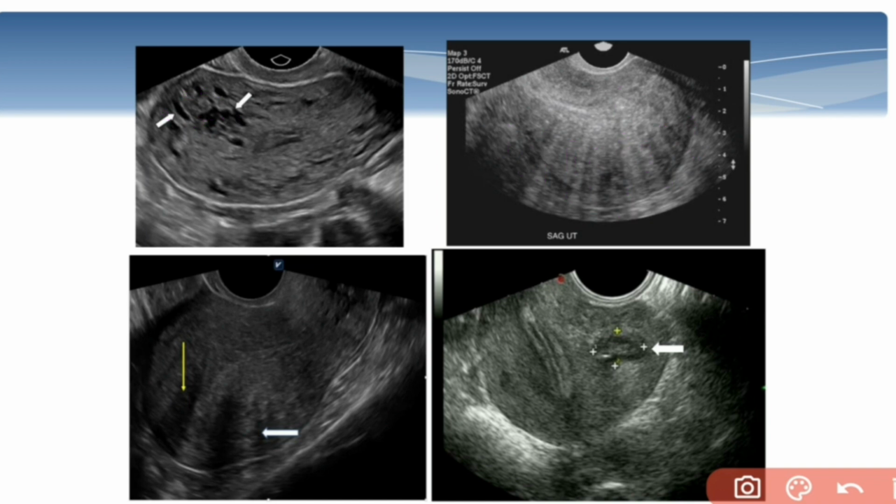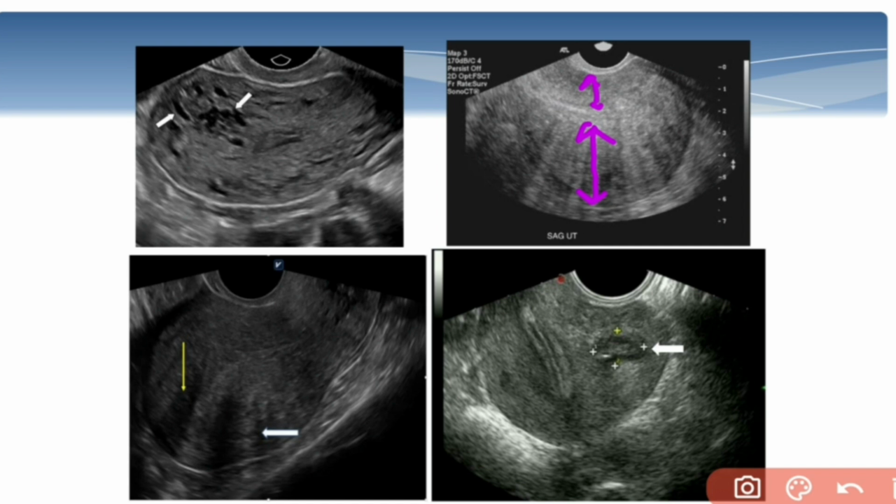And we also see abnormal thickening of the myometrium. This is the posterior wall and this is the anterior wall, and thickness is increased in the posterior wall more than the anterior wall. It is asymmetrical thickening of the myometrial wall in case of adenomyosis.